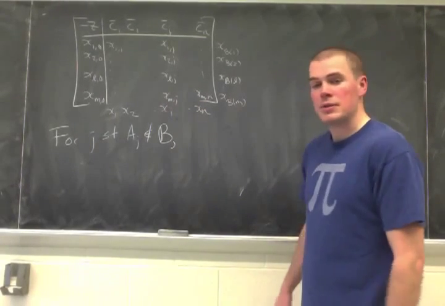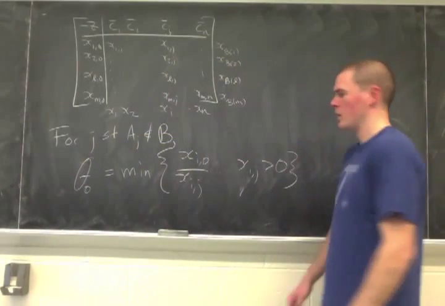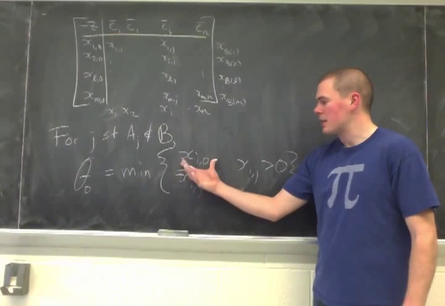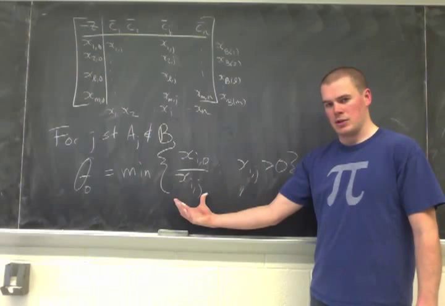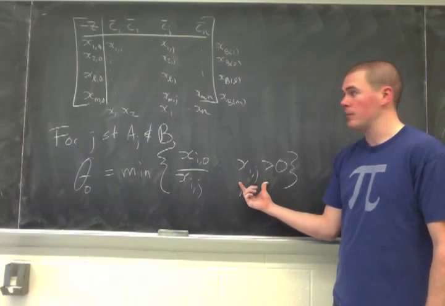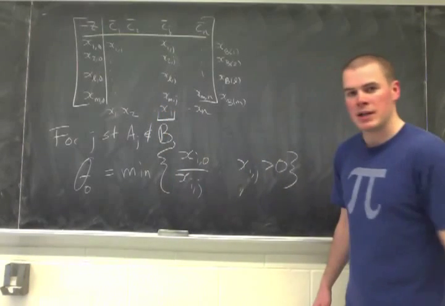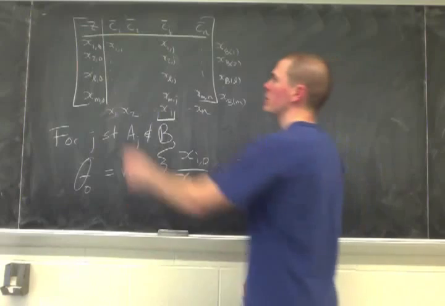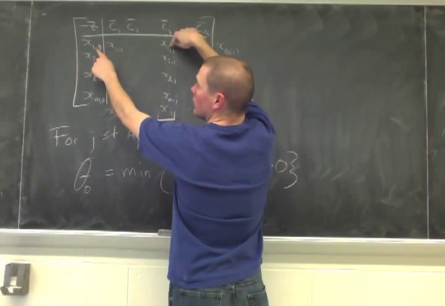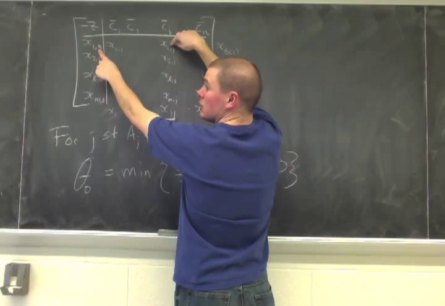What we need to do is compute a value called theta 0. The way we compute this is we take the minimum of this fraction, xi0 over xij, subject to xij being strictly bigger than 0. So if I'm looking at the column corresponding to xj, I'm taking the entries of this column and asking, is this thing strictly positive?